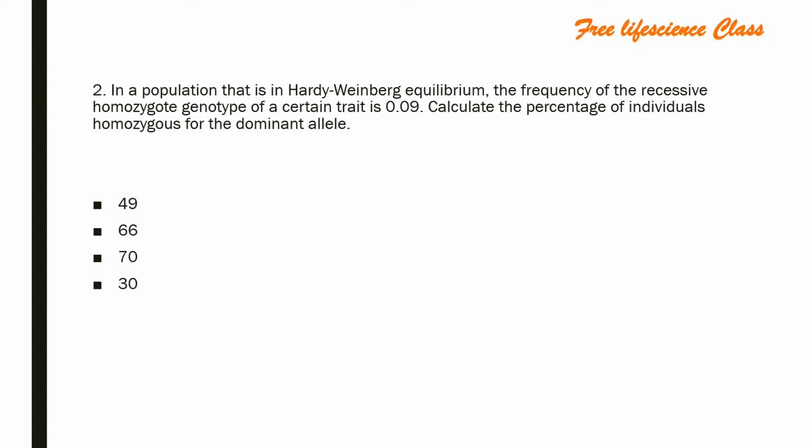In a population that is in Hardy-Weinberg equilibrium, the frequency of recessive homozygote genotype of a certain trait is 0.09. Calculate the percentage of individuals homozygous for the dominant allele. So here the recessive homozygote genotype is given, that is, we are provided q square, that is 0.09.